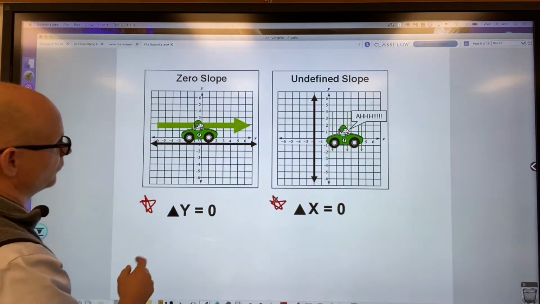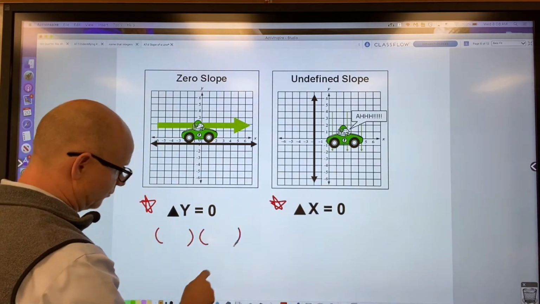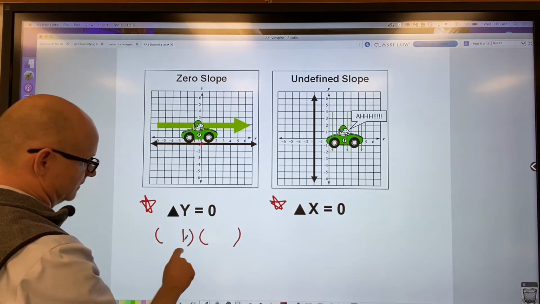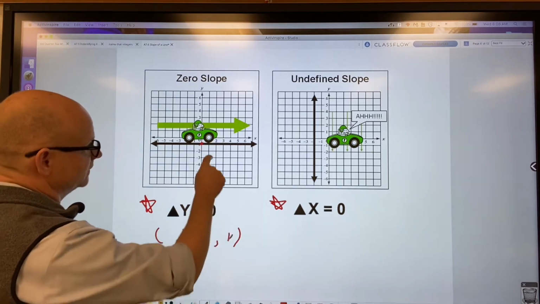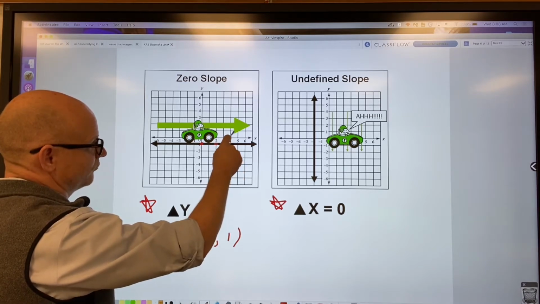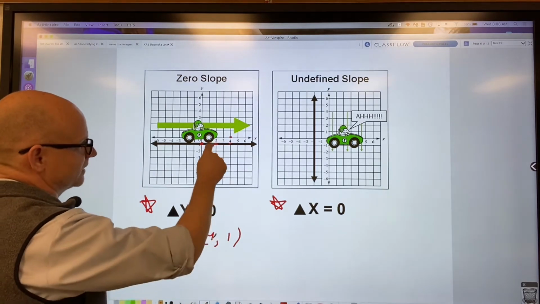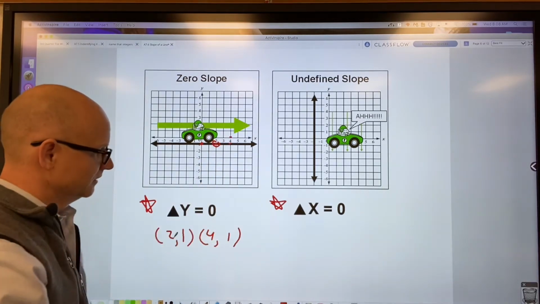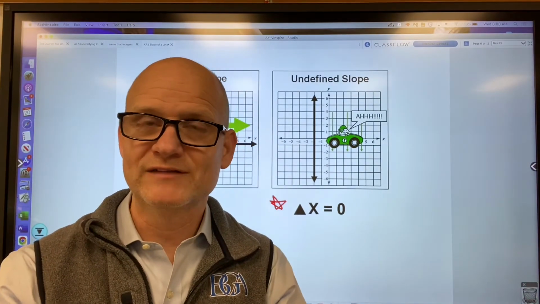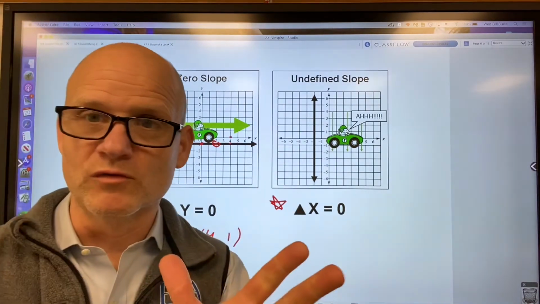Notice when I plot these points, the y is on one. See, it's still on one. So here, this would be like 4, 1. This one right here would probably be 2, 1. But the y is still on 1. So when you have a zero slope, there's no change in y.